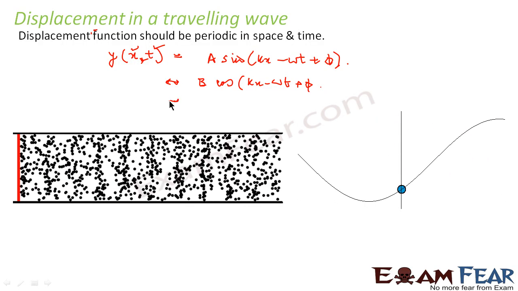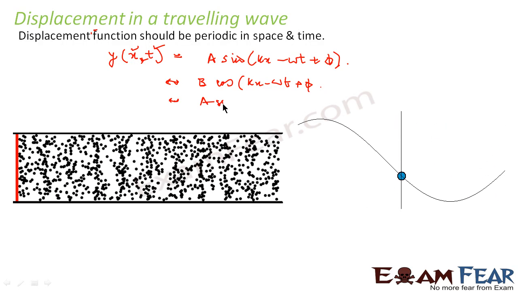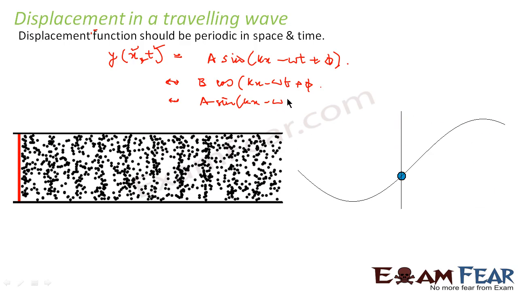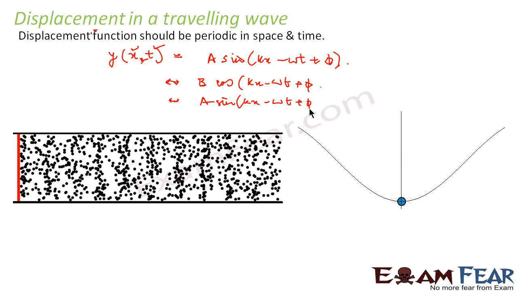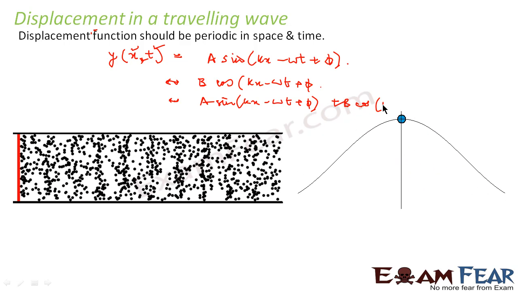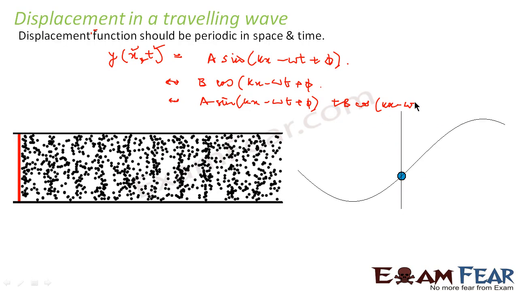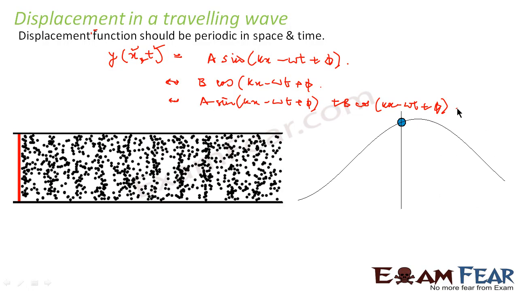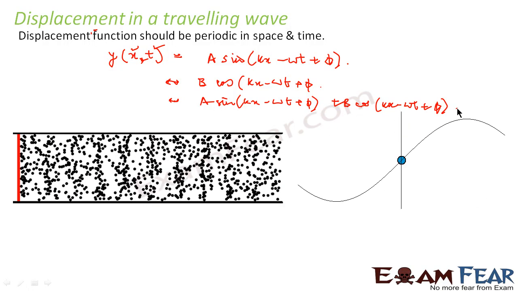This can also be represented as a combination of sine and cosine functions, that is a sin(kx minus omega t plus phi) plus b cos(kx minus omega t plus phi). So these are the various forms in which the displacement of a traveling wave can be represented.